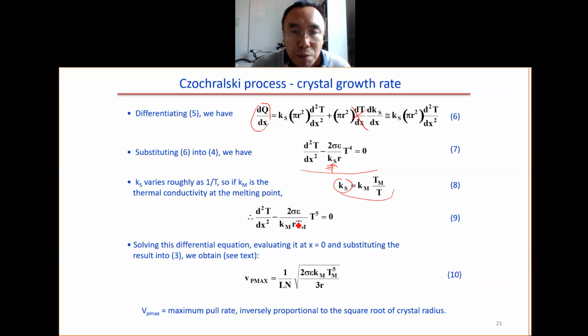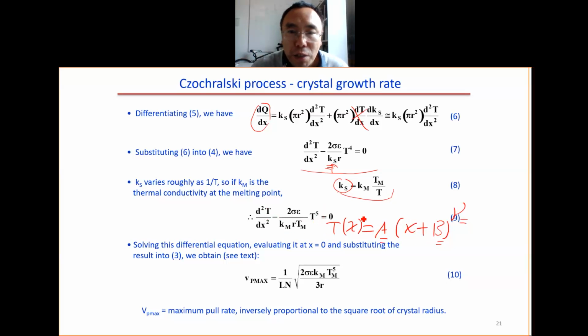To solve it, you can assume that T equals (Ax plus B) to the power gamma. You can assume this is the answer, so this is the solution for this one. Then you do the derivation, first order and second order, and put this in. Finally, you can find out A, B and gamma.